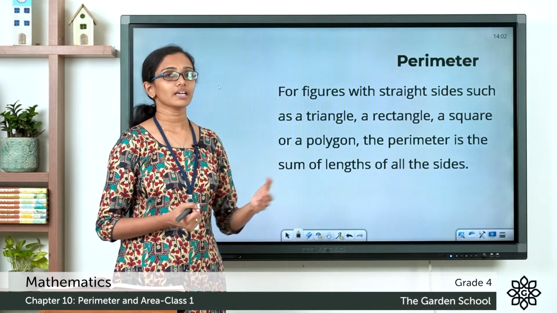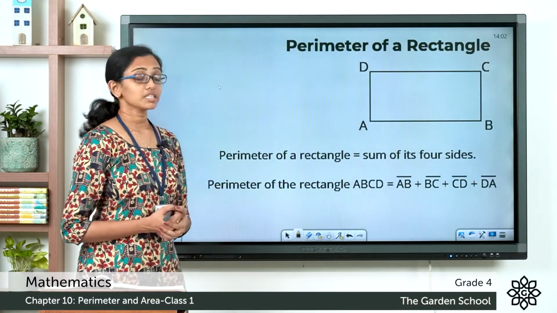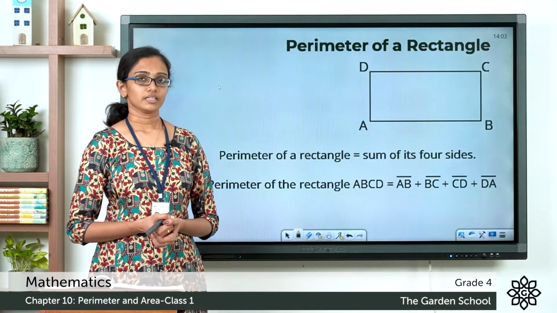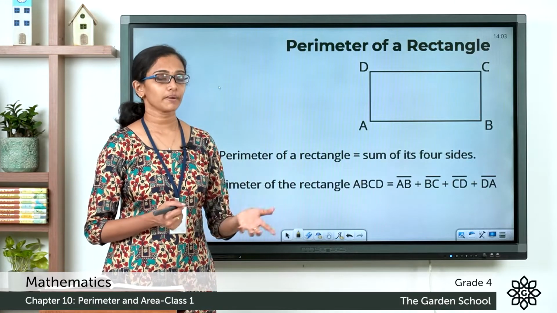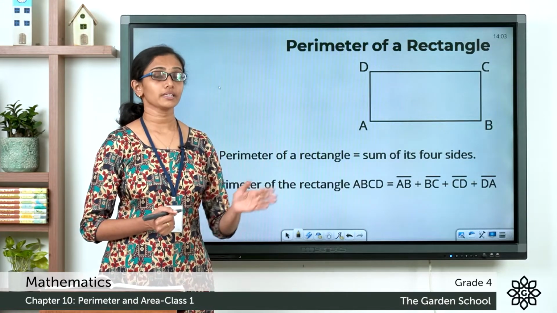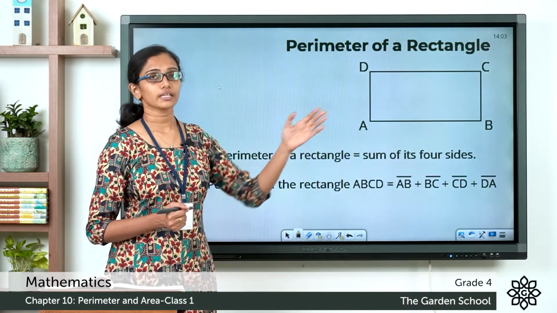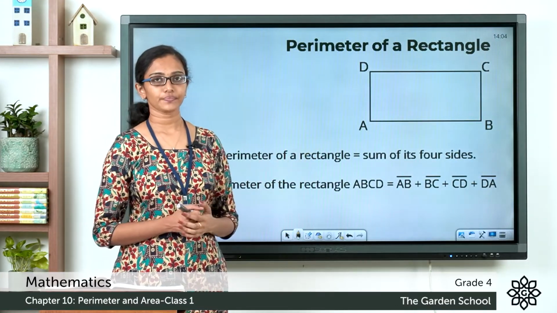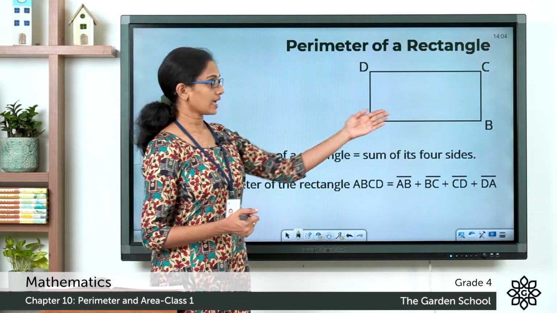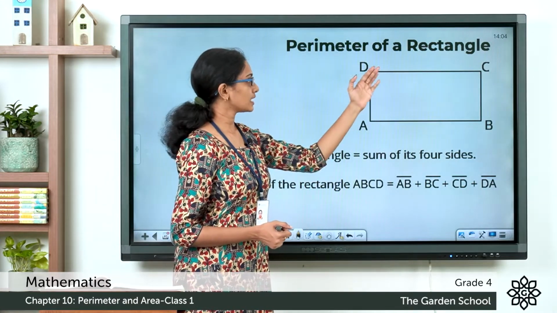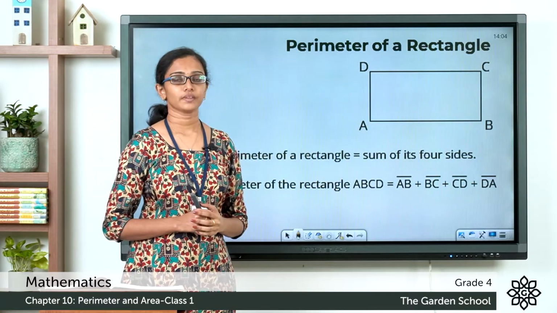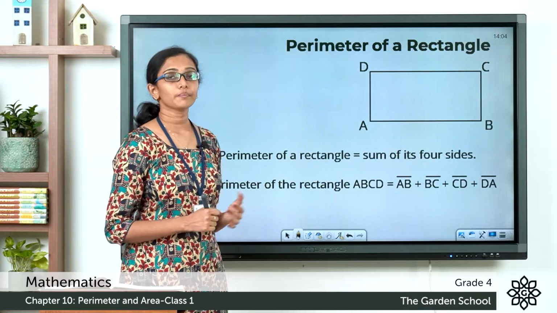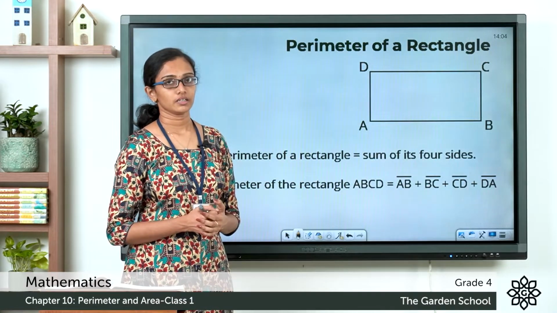Let's make this more clear with examples. We'll see what the perimeter of a rectangle is. By definition, the perimeter of a rectangle is the sum of the lengths of all its sides. Here you see a rectangle ABCD, with sides AB, BC, CD and AD. What would be its perimeter?